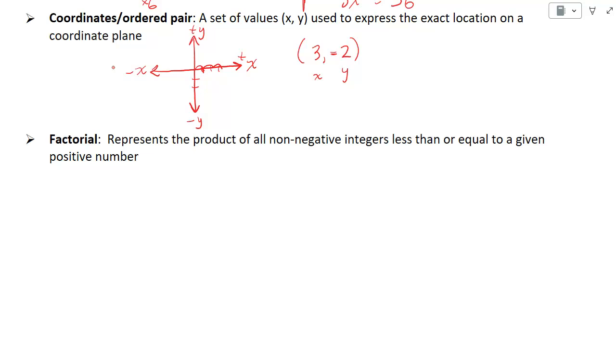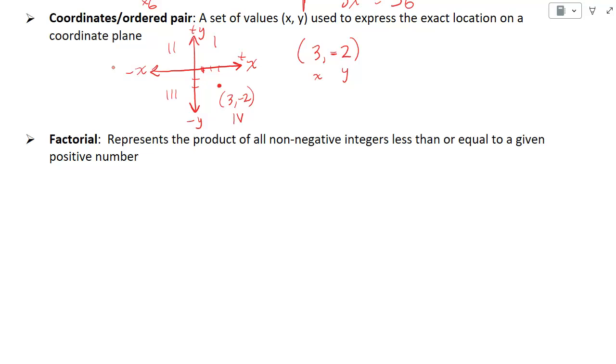So right 3, and then down 2, there it is, 3, negative 2. Okay, there's going to be different quadrants. Quadrant 1, quadrant 2, quadrant 3, and this is quadrant 4, indicated by Roman numerals. We'll get more in depth later.